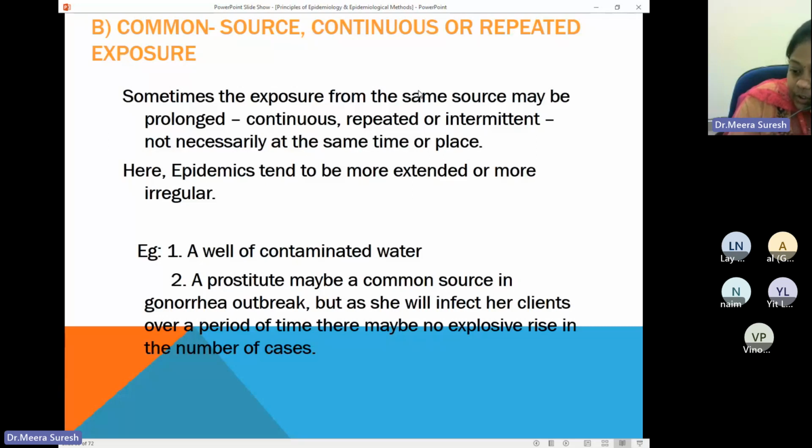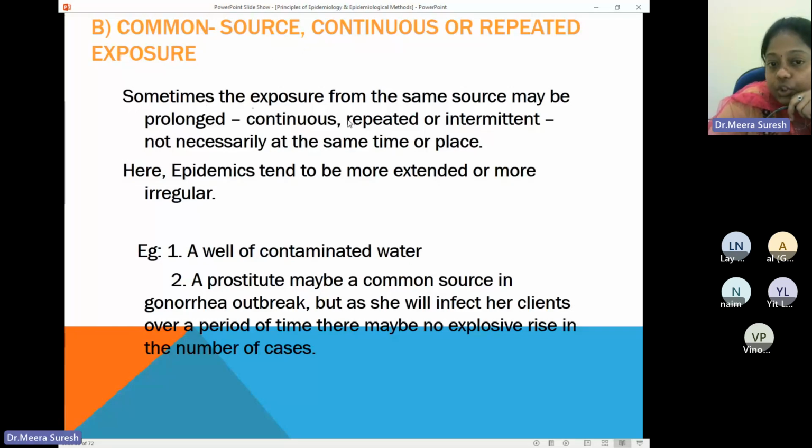But in case of food poisoning or the reception, it happened only once, and then we got infected. In this case, there is a continuous exposure. There is one common source, that is the well itself, but here the people are continuously using it, so they're getting exposed continuously.